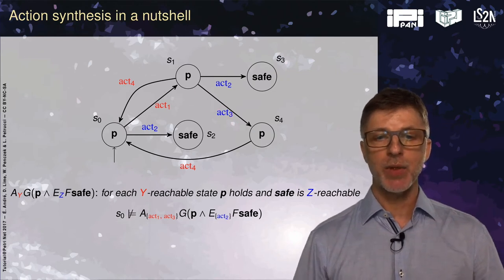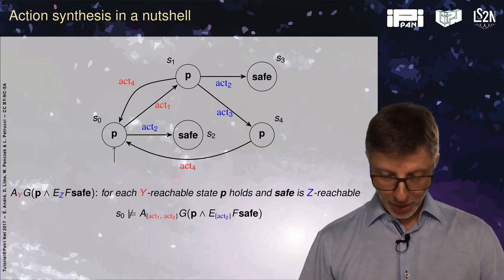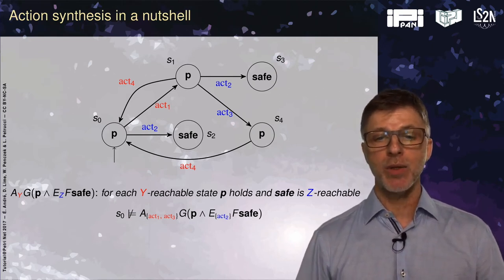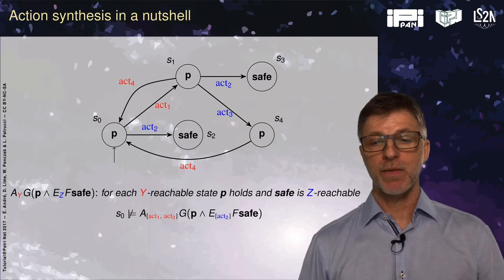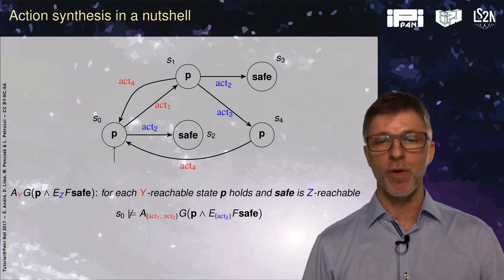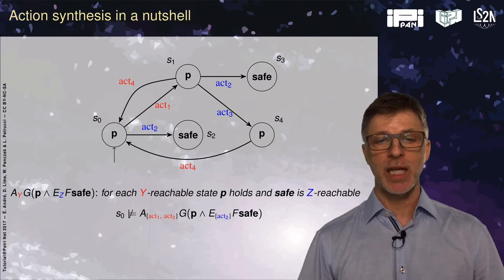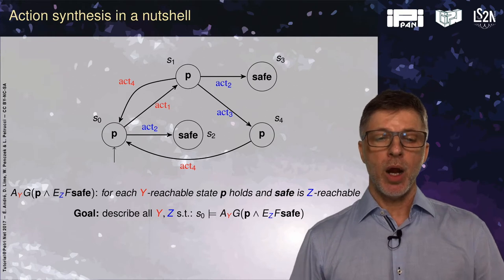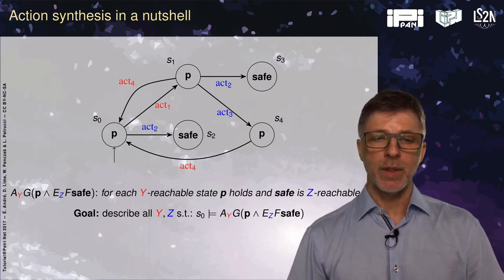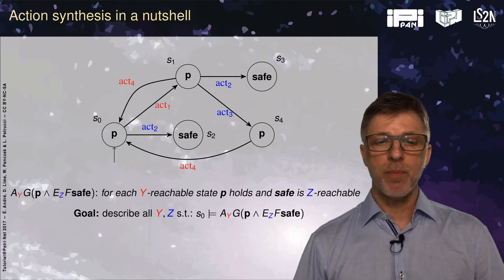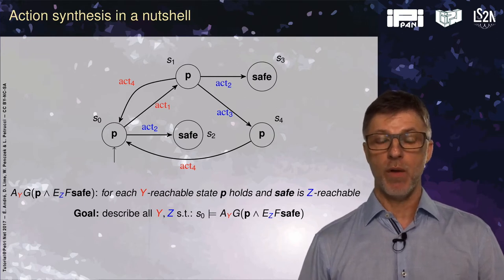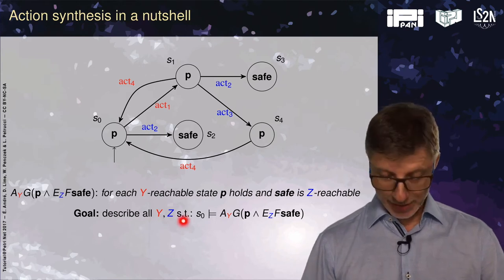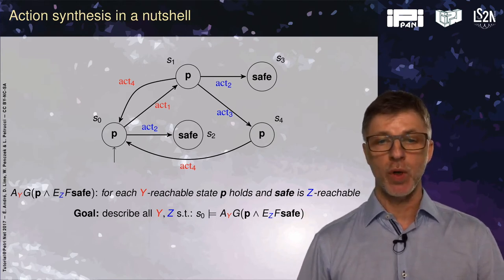And then, as you can see from P, you can execute a transition, but it does not go to a state satisfying safe, and also it's not over Act 2. So that formula does not hold. So the general goal for this logic is to describe all the valuations of y and z which make, in this case, such a formula hold.